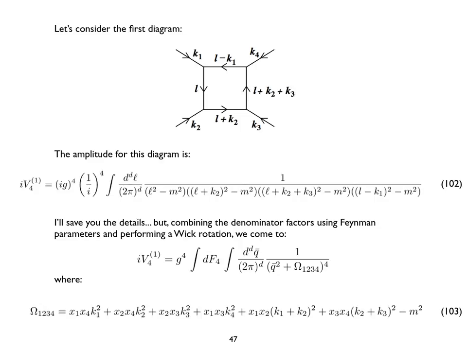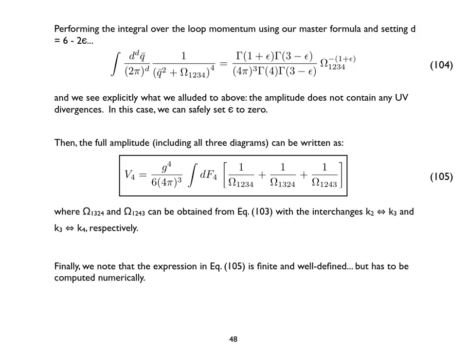When you first square this thing out, when you're completing the square, it's a mess. It takes up a few lines, and it takes some work to get it down to this form, but it's worth it. But you see the same kind of form that we saw in the 3-point vertex. Again, a loop integral, you compute that using the master formula.